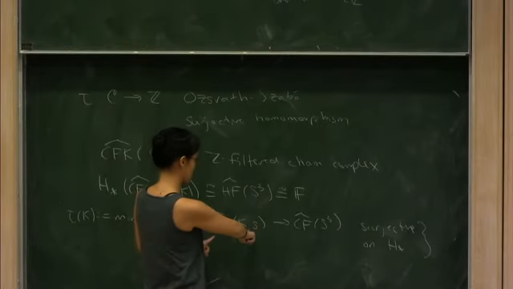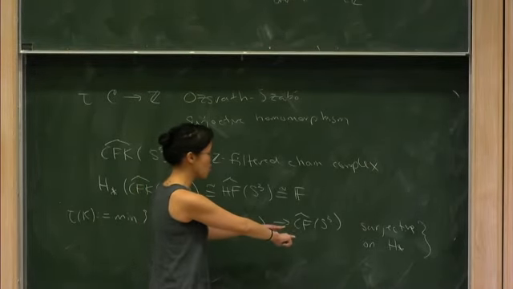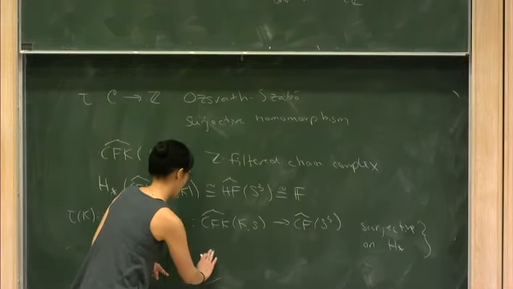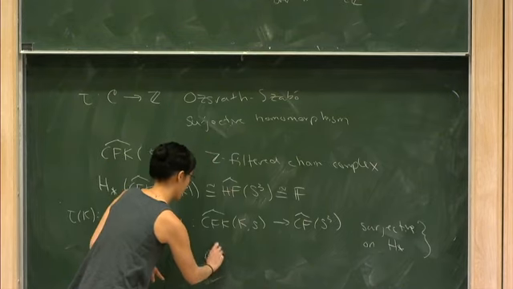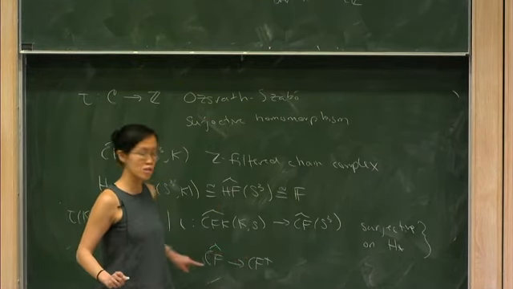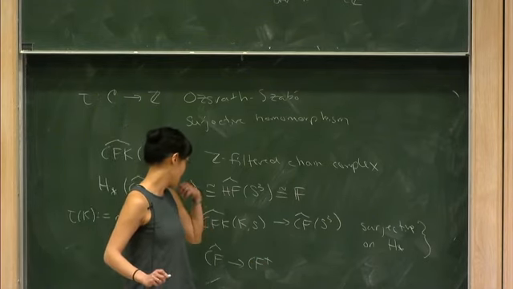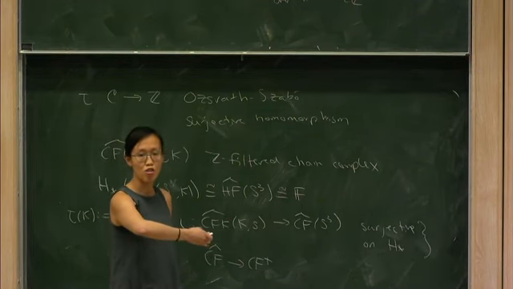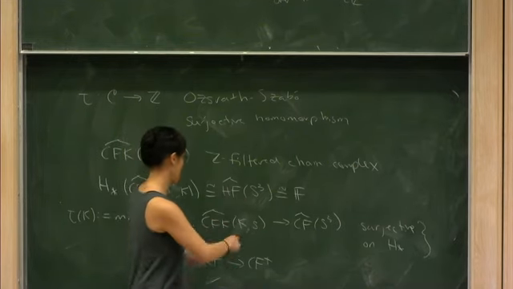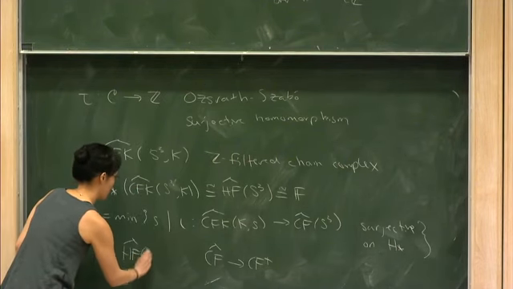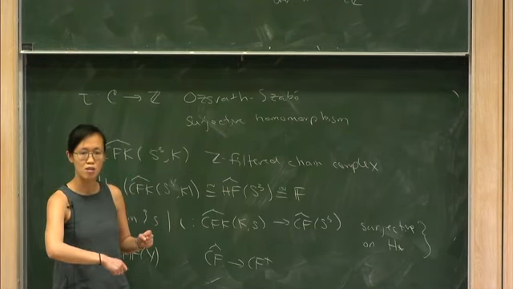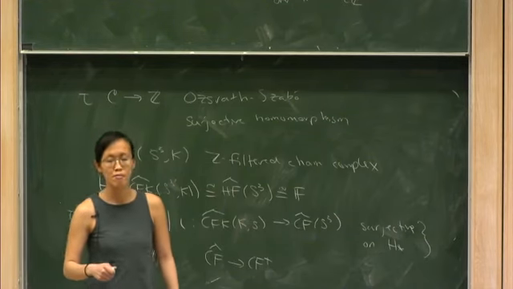You look for the minimum filtration level where you look at this map, and then you want to hit something in here such that, when you also have this map from CF hat to CF plus, you look to see when it goes in here, and you want it to hit something that's in the image of arbitrarily high powers of U. So that's what I meant when I said you want to hit something in HF hat of your three-manifold that's in the image of the tower, in the image of U in HF plus. Okay, so do you also get a homomorphism?